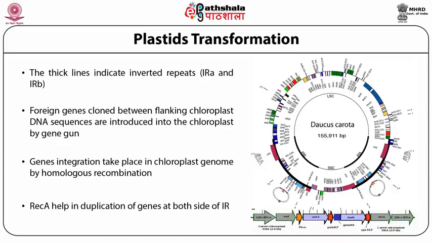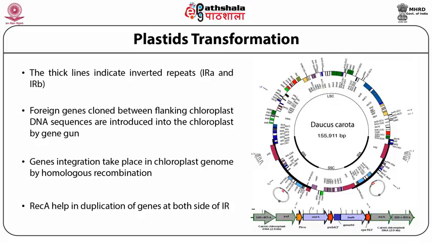So if you see, inverted repeat A and inverted repeat B are mirror copies of each other. So if the chloroplast vector integrates at one side, at the A or B side, then in the presence of RecA enzyme, it will automatically get duplicated on the other side, because everything that is at the A side should be at the B side.